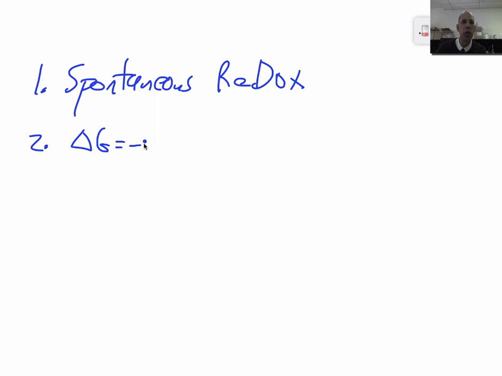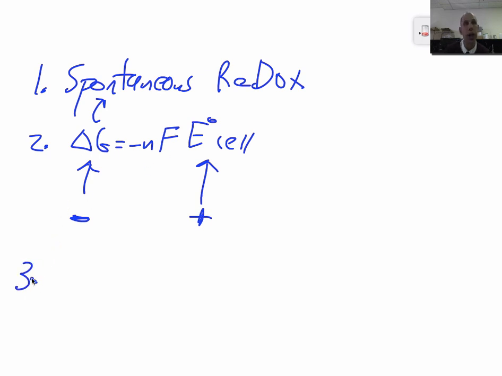There's an equation that's used to calculate this, where this value right here is the voltage, and this is the free energy. This is always going to be negative for a battery, and this is always going to be positive for a battery.